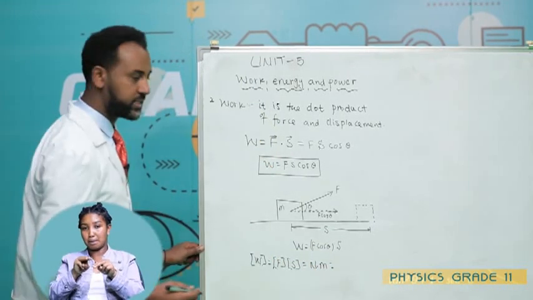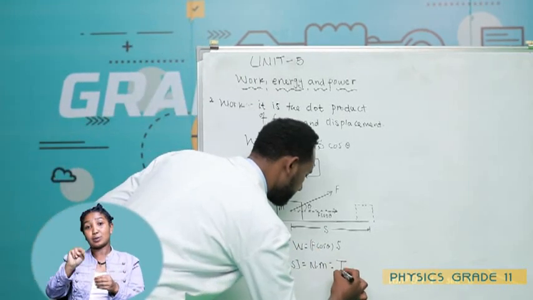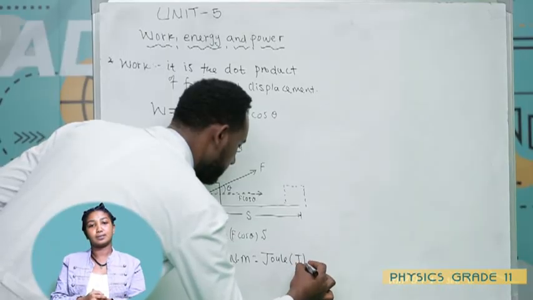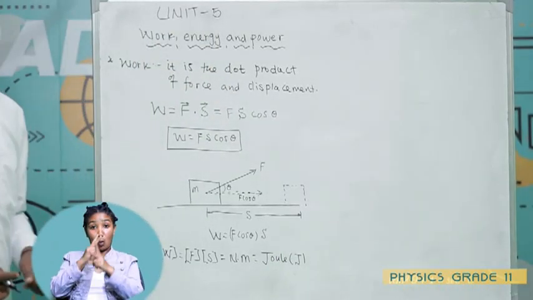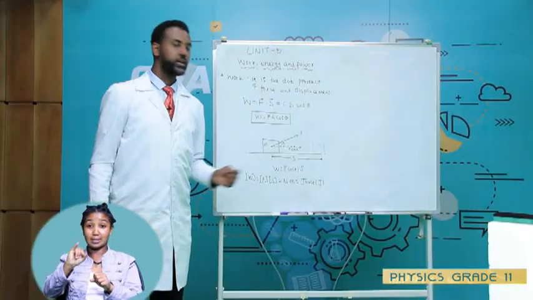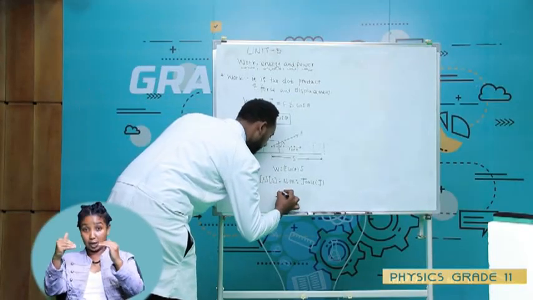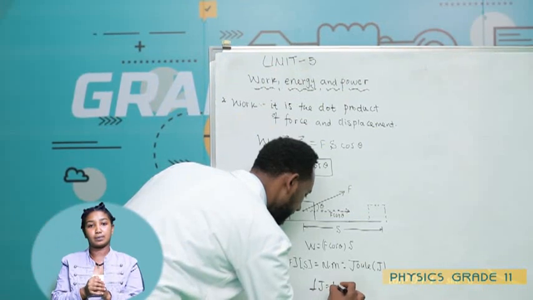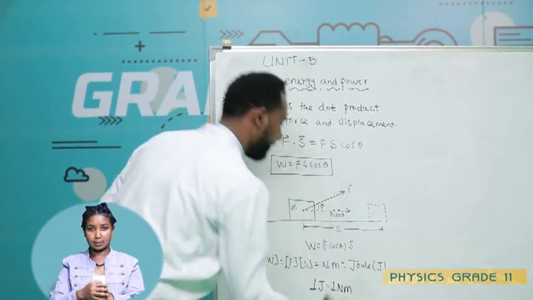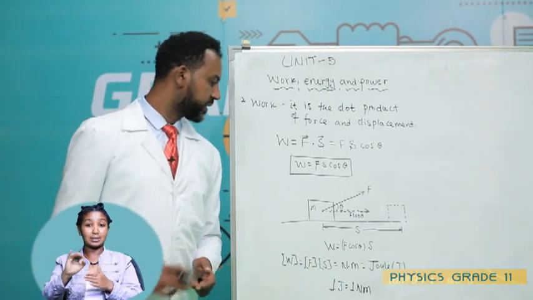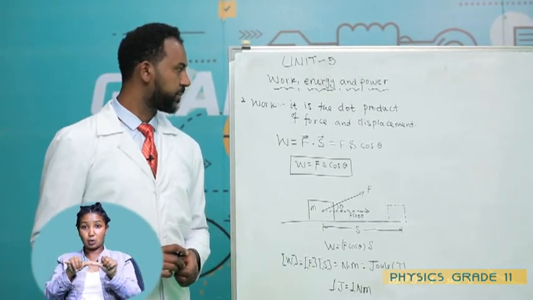Newton meter gives us joule, in honor of James Prescott Joule. Therefore, the SI unit of work is joule. 1 joule is equivalent to 1 Newton meter. So this is how we determine the SI unit of work.